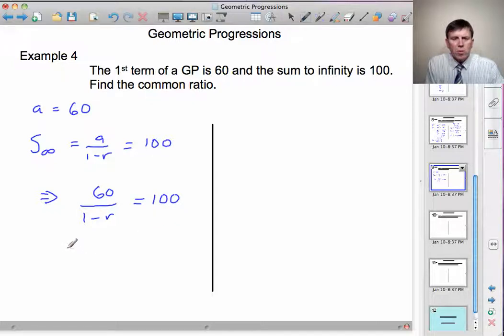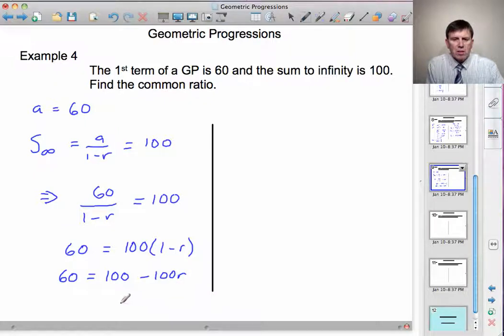Multiply the equation through by 1 minus R and we get 60 is equal to 100 multiplied by 1 minus R. Expand the bracket and we get 60 is equal to 100 times 1 is 100, and 100 times minus R is minus 100R.